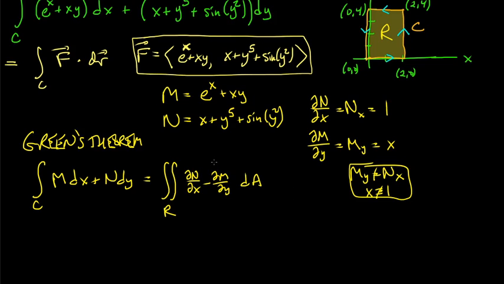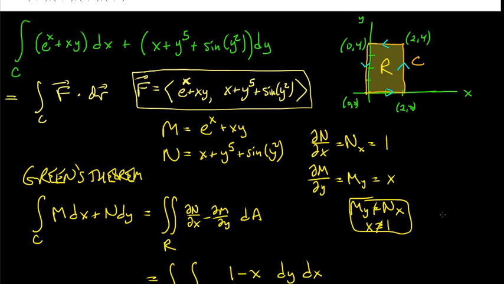And again, if the vector field was conservative, then this would just be 0, and you'd be integrating 0, which is what would give you 0. But in this case, we're actually going to be integrating 1 minus x. So let's do dy dx. If you want to do dx dy, that's fine too.